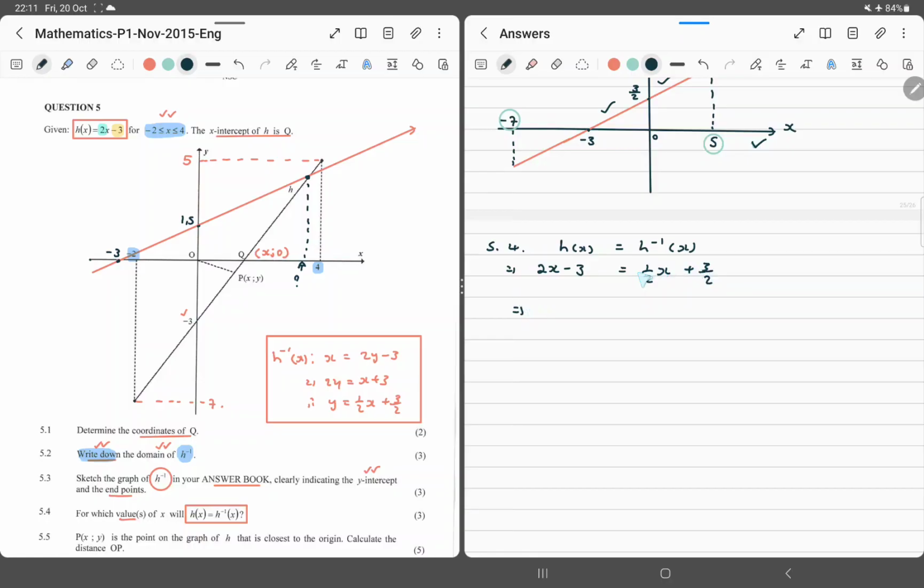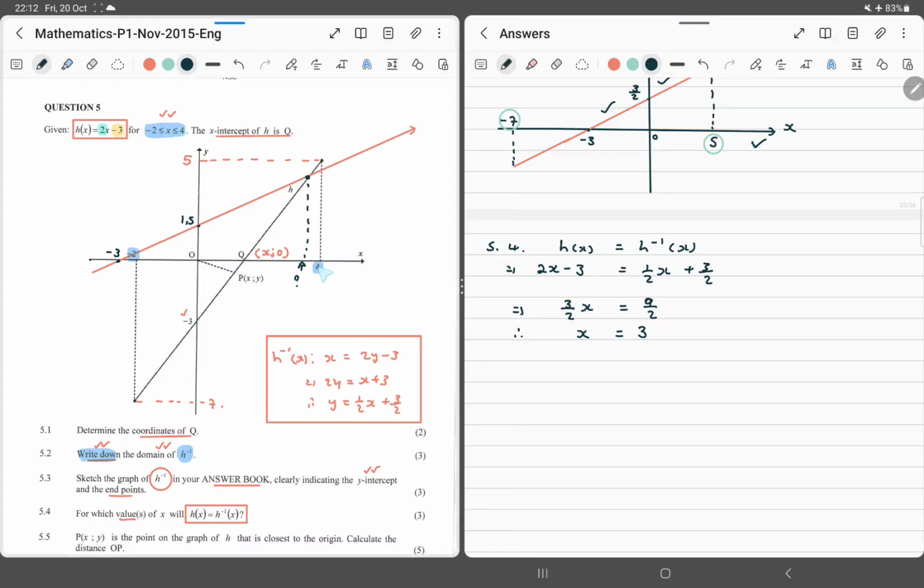And then we move things around. We take this half to that side. 2 minus a half is 1,5. So this is 3 over 2x equals, and then we take 3 to this side, and then 3 plus 3 over 2. We take this and multiply the 3. It's 6 plus 3. It's going to be 9 over 2. Therefore, our x is now essentially 3.